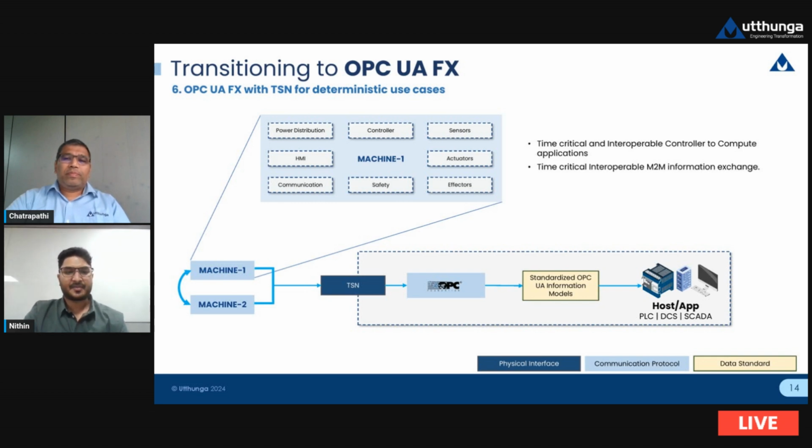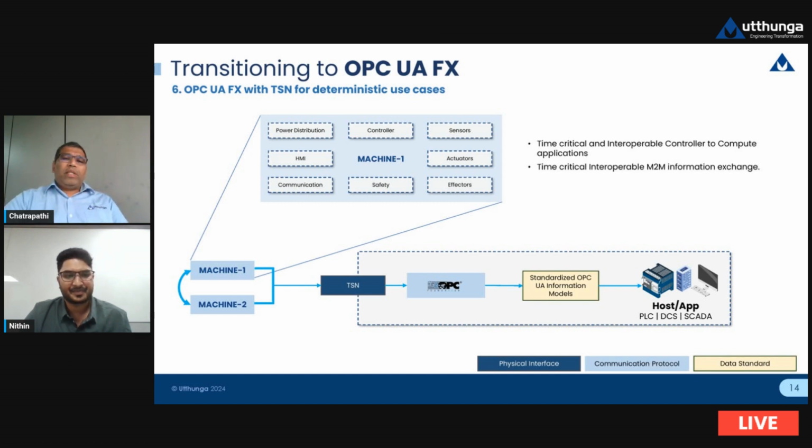But at the same time, all these different aspects are very critical towards arriving at a fully functional deterministic OPC UA FX implementation, right? So this is what we wanted to arrive at in terms of understanding the different aspects.